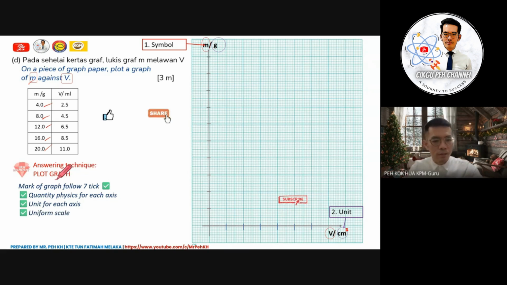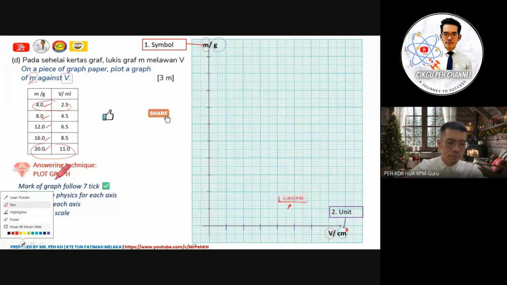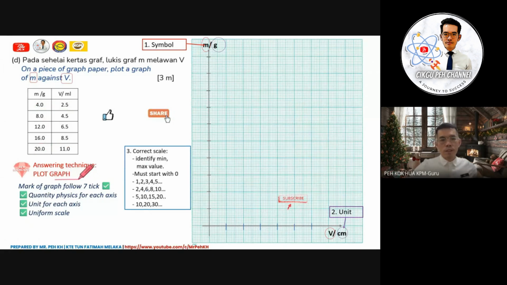Okay, then the third is uniform scale. Here you need to give a uniform scale on both axes, including the minimum and the maximum value in the graph. Give the correct scale with multiples of 1, 2, 5, and 10, and we must include the maximum and minimum value.